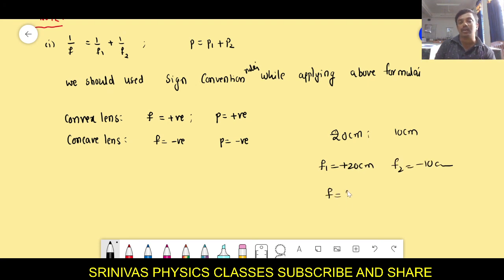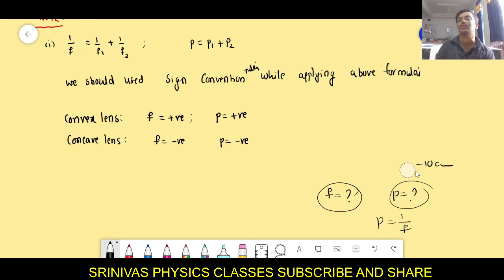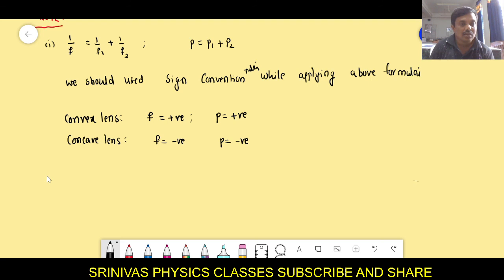Then use the formula. Effective focal length आएगा तो effective power आएगा, because effective power is the reciprocal of effective focal length. फार्मूला अप्लाई करते समय प्लस माइनस लेना होगा जरूर, नहीं तो गलत हो जाएगा. चलो ठीक है, नेक्स्ट पॉइंट.